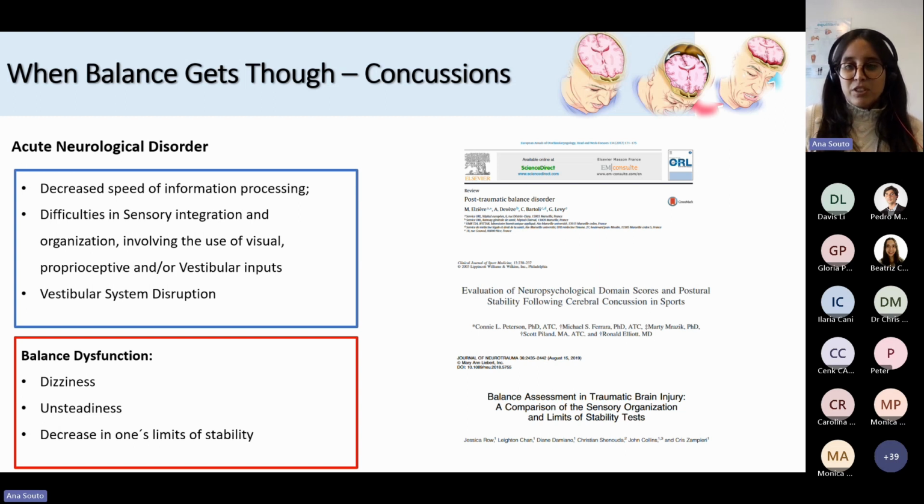What happens is they most of the time have difficulties resolving conflicts. For example, walking on unstable surfaces, or the absence or inaccuracy of information provided by the visual system, they will have difficulties resolving these sensory conflicts.